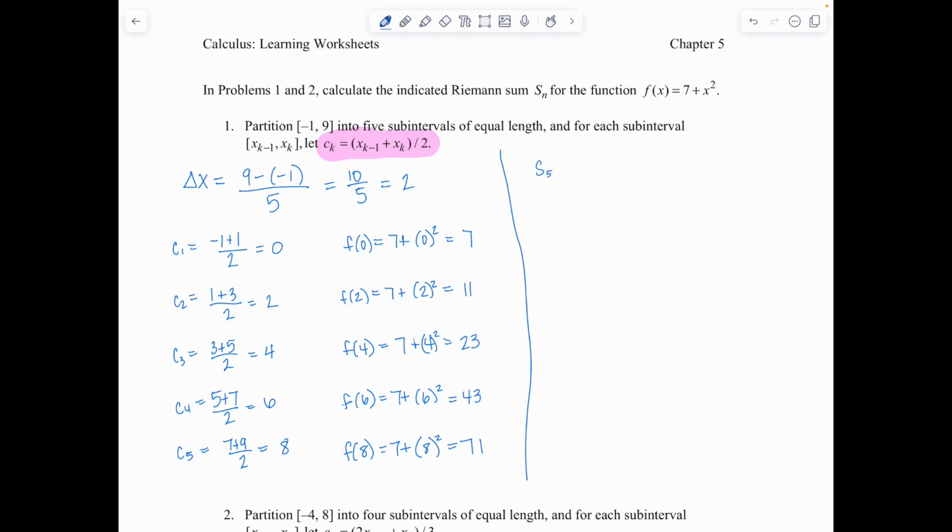We have split it into 5 subintervals. And to calculate our sum, we'll have our function at C1 times the change in x.